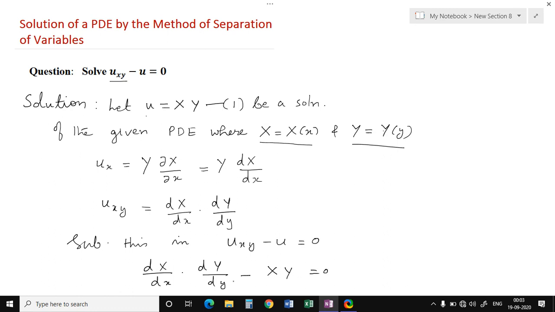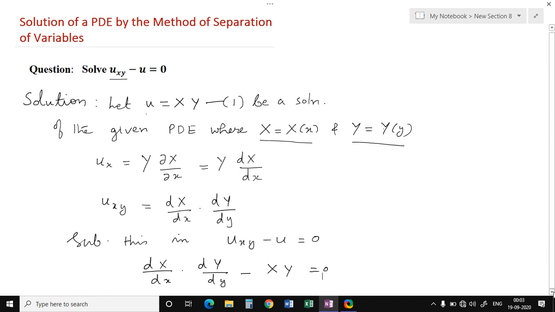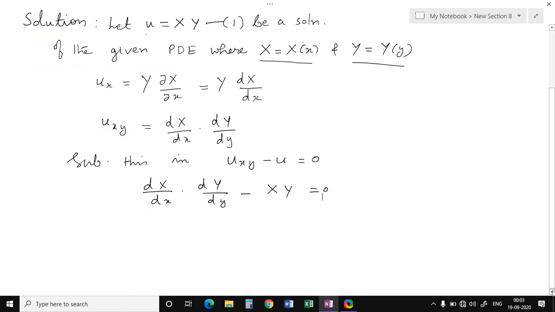equal to 0. Now the next step in the method of separation of variables is that we have to separate variables. So we have to keep all the functions which contain x on one side and all the functions which contain y on the right hand side.